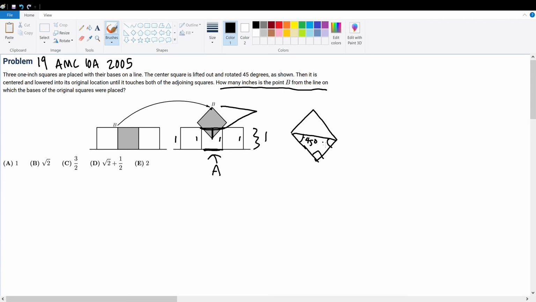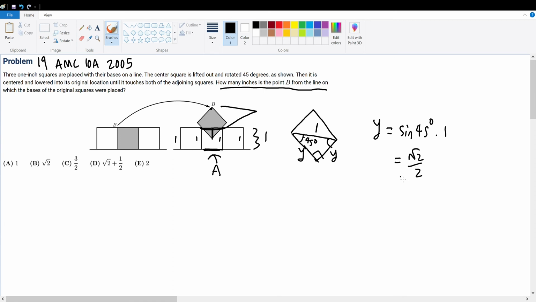Since we know the hypotenuse to be 1, we can apply our trigonometric property. So let's call this y. Since it's a 45, 45 degree triangle, the two legs will be congruent to one another. So y will be equal to sine 45 degrees times 1, which is equal to root 2 over 2.